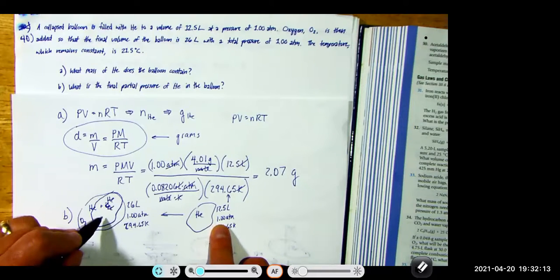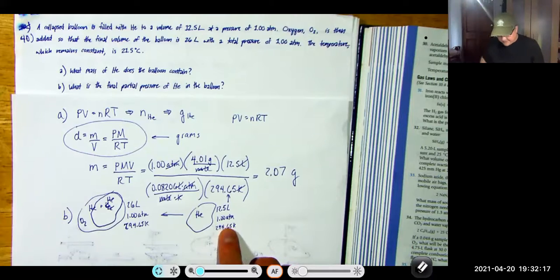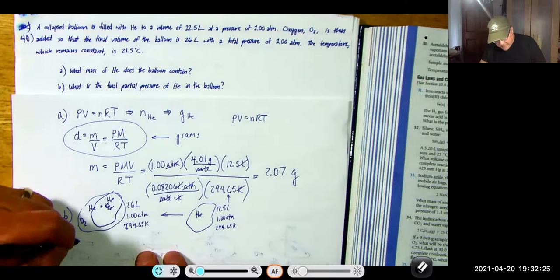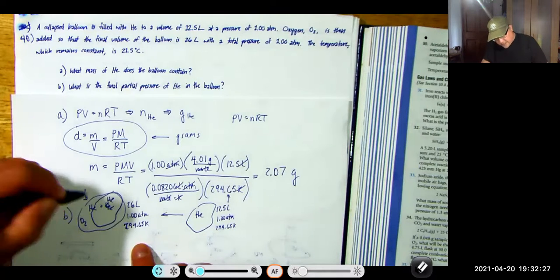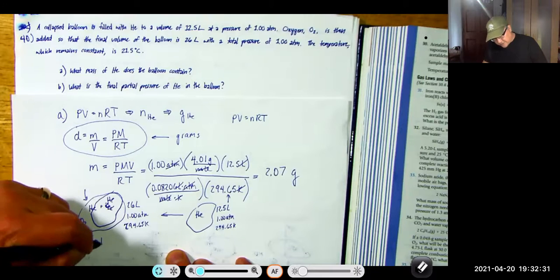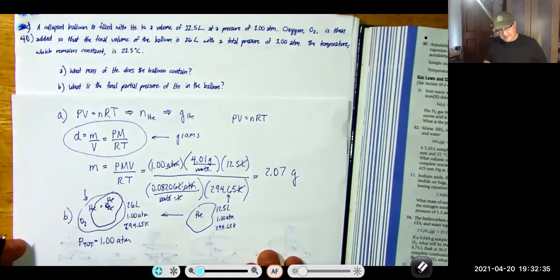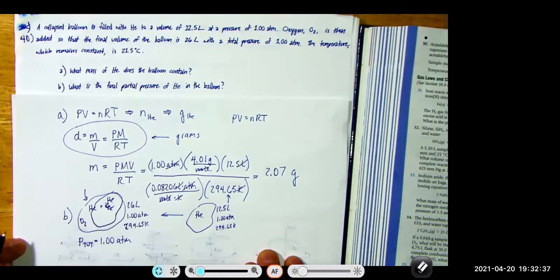Right. Here in the final balloon, the pressure total is 1.00 atmospheres, correct? Yes. Okay.